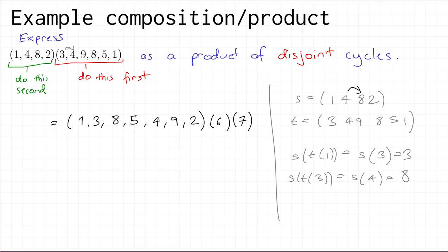So this will be equal to this, and of course if we wanted, we could omit those 1 cycles since they're both equal to the identity. So there is a product of just one disjoint cycle, or three if you include the 1 cycles, equal to this composition of two non-disjoint cycles.